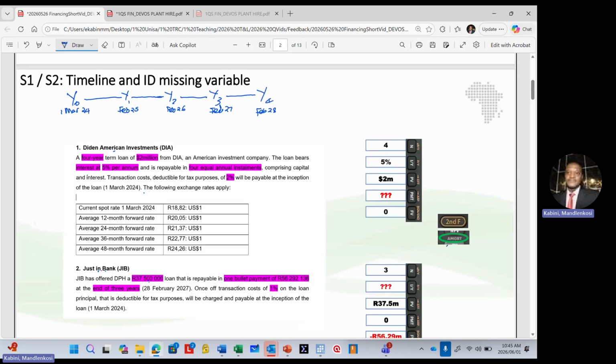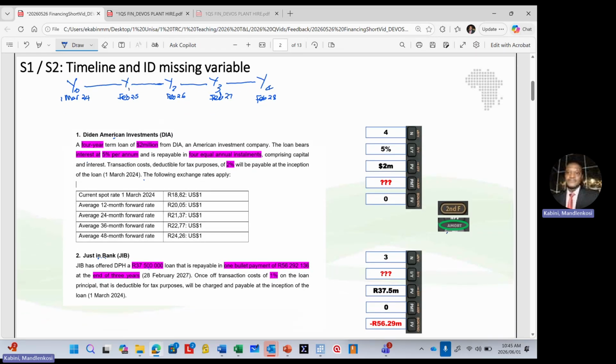The first step, of course, is to read with understanding. Know what information you are given, how the loans work. And then you need to draw up a timeline. In terms of your timeline, you are identifying the relevant cash flows that you will need to do that IRR calculation.